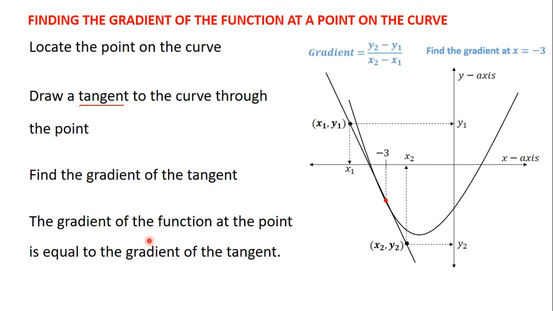We are saying that the gradient of the function at the point is equal to the gradient of the tangent. So in this case, the gradient of the function at the point x is equal to minus 3 is the same as the gradient of the tangent to the curve that passes through the point x is equal to minus 3.